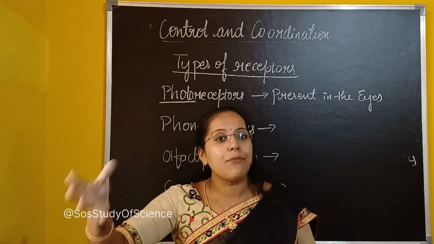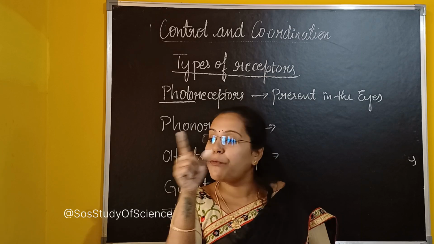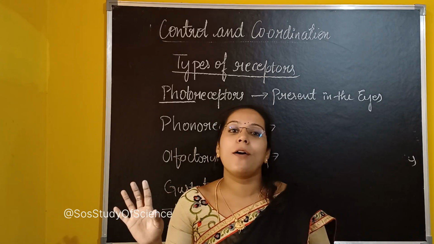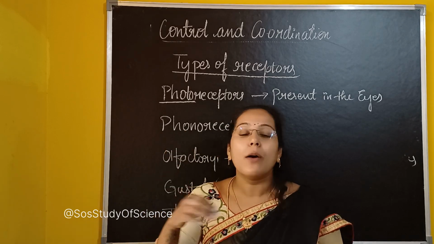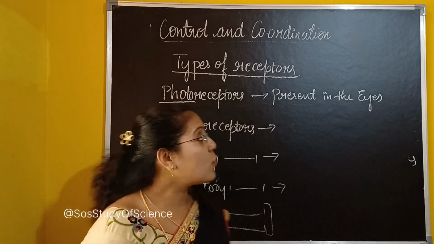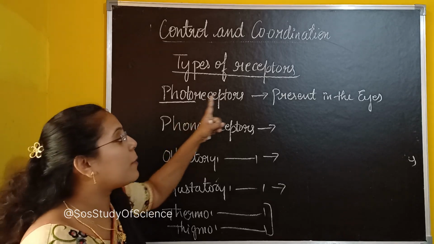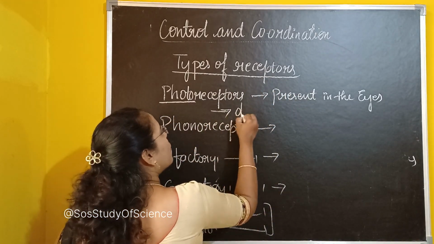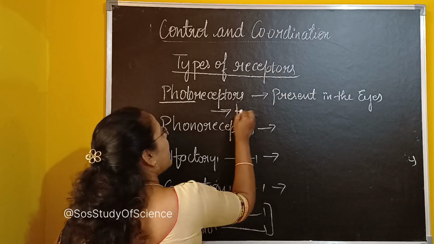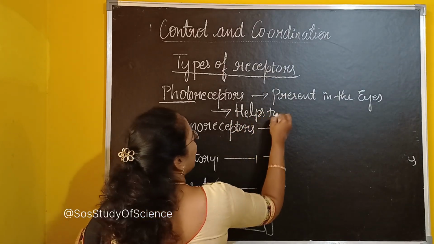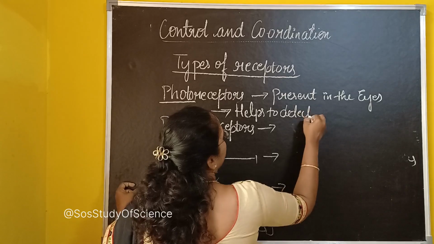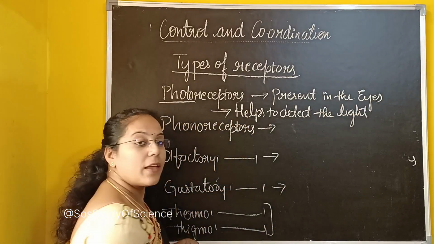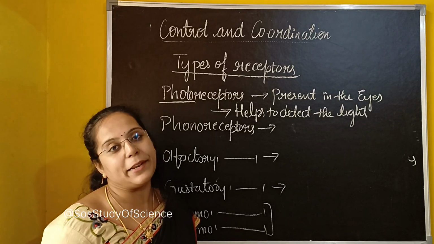You can see anyone or any object only when light falls on it. Without light falling on an object, it is not possible to see it, right? So photoreceptors present in the eyes help to detect the light. This is very important.